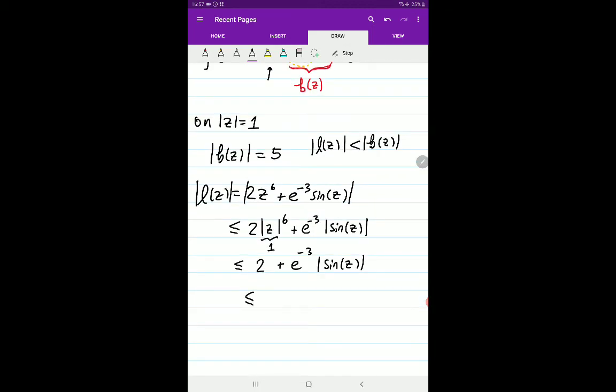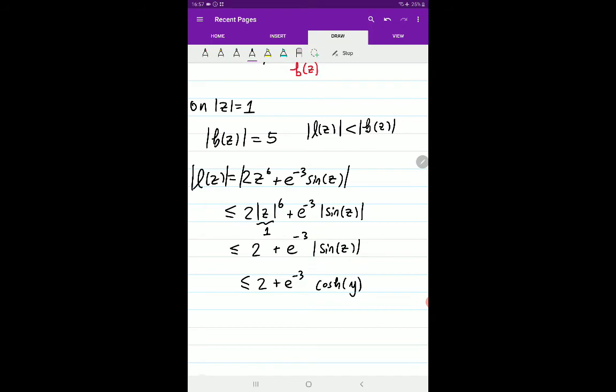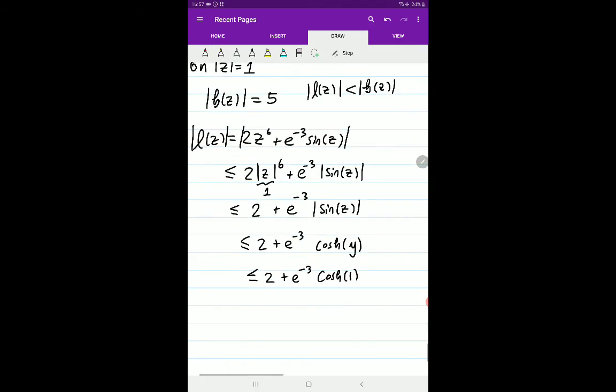Now, this is less than or equal to 2 plus e to the minus 3 times cosh of y, the imaginary part of z. And this can be at most 1. Okay, and then this is equal to 2 plus e to the minus 3 times e to the 1 plus 1 over e, all of that divided by 2.